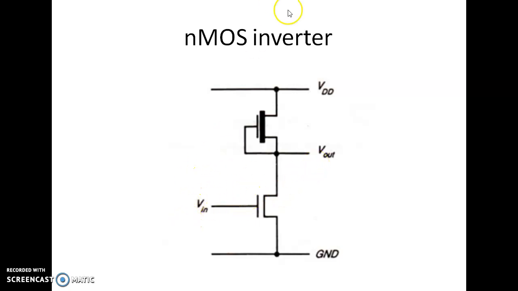Previously when Vin is equal to 0, this is on, so the output voltage will be logic high. Whenever Vin is greater than the threshold voltage, this transistor begins to turn on and our output voltage will be definitely less. That is the basic inverter: when Vin is 0, output is 1, and when Vin is 1, output is 0. The output voltage decreases whenever Vin is greater than the threshold voltage.